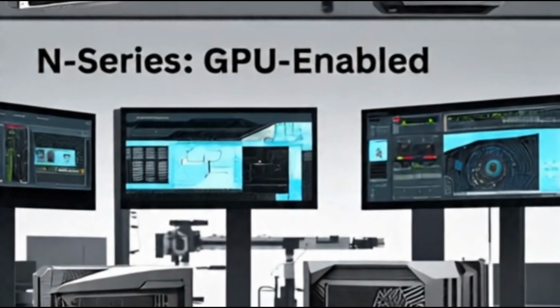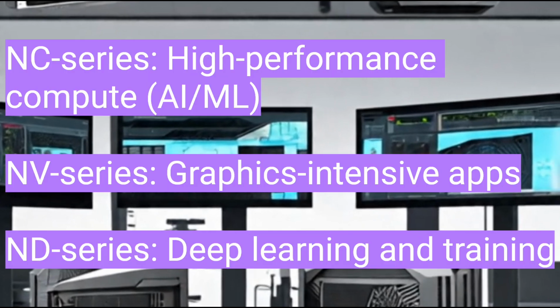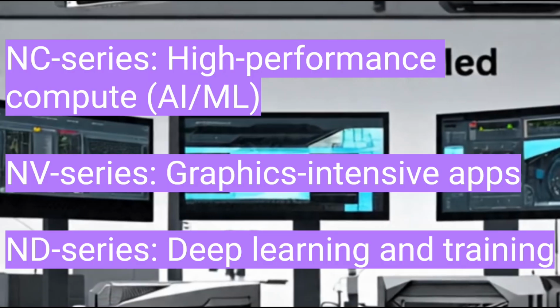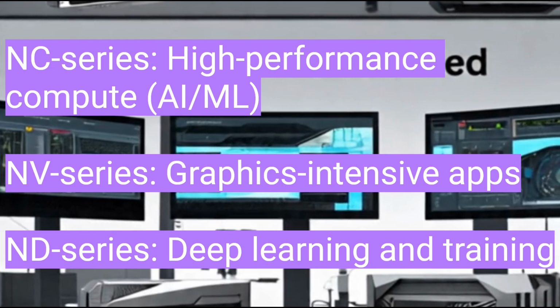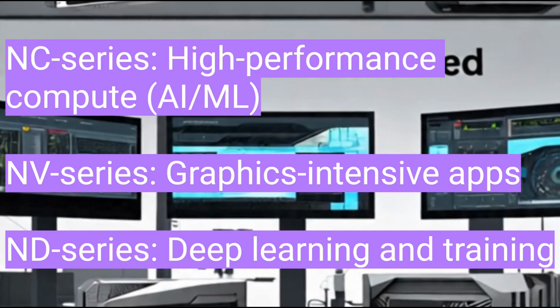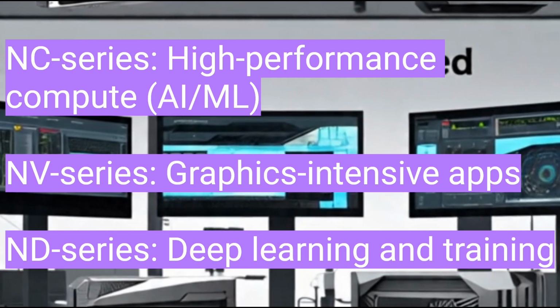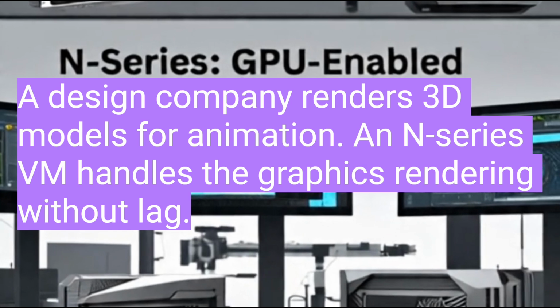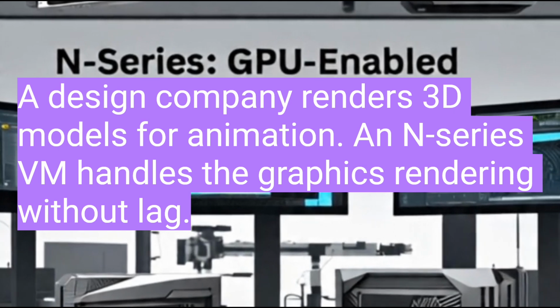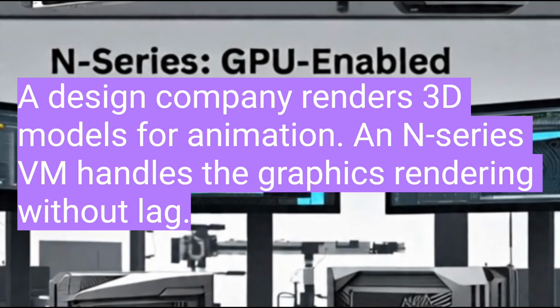There are some subtypes under this series, like NC series for high performance compute for AI and ML, NV series for graphics intensive apps, and ND series for deep learning and training. Example scenario, a design company renders 3D models for animations, and N series VMs handle the graphics rendering without lag.